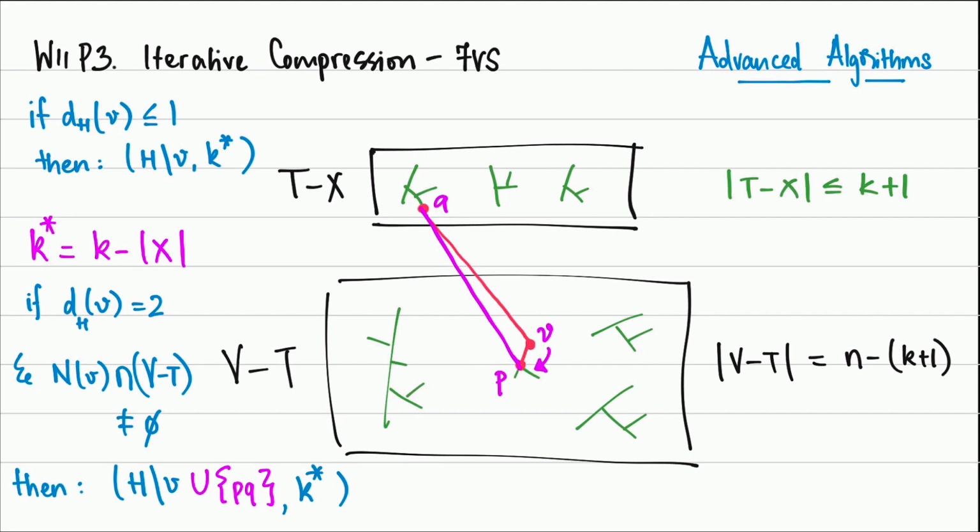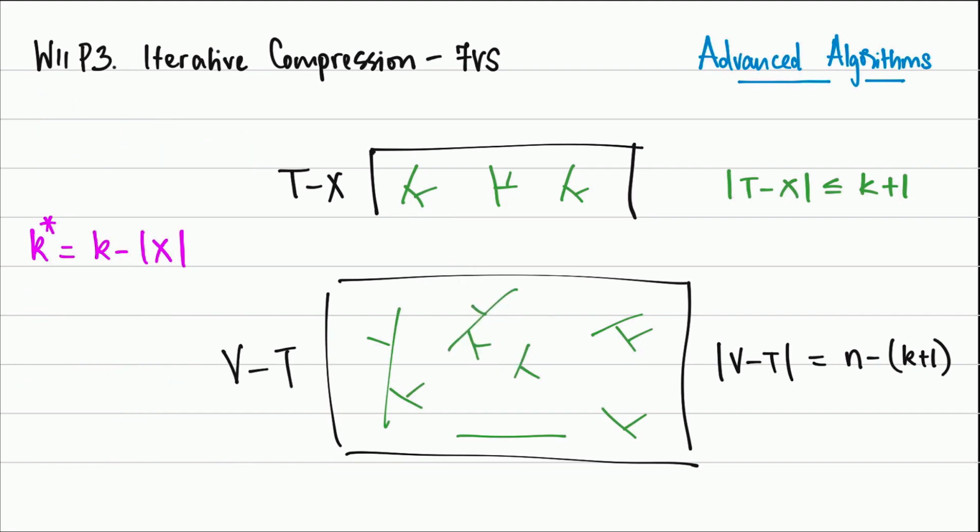If we see a vertex whose degree is at most 1, we simply delete it without changing the budget. And if we see a degree 2 vertex in V minus T, at least one of whose neighbors is again in V minus T, then we short circuit it. These are the 3 things that we said we will do. Having done all this, let's go back and look at this picture.